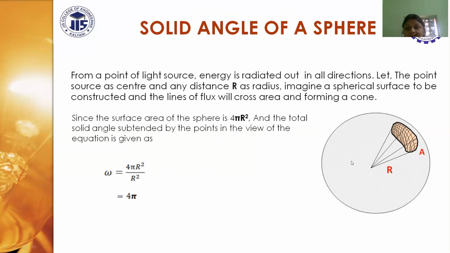Now the surface area of the sphere is 4 pi r square and total solid angle subtended by the point will be omega equals 4 pi r square by r square, because area by radius square. So omega equals 4 pi. So this is the largest solid angle of a sphere when it is subtended by the point.